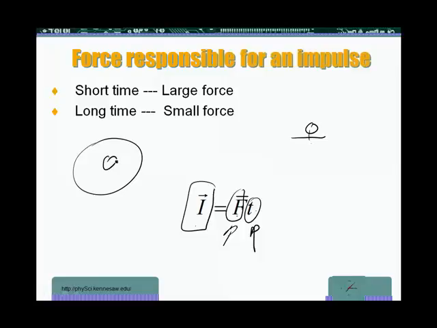If instead you hit it with a baseball bat, that bat is not going to exert the force for a long time. It's going to exert the force on the ball for a short time, and result in the same momentum or even larger momentum. So it has to exert a larger force over a short time to obtain the impulse, while you exert a smaller force over a longer time to get the large impulse.